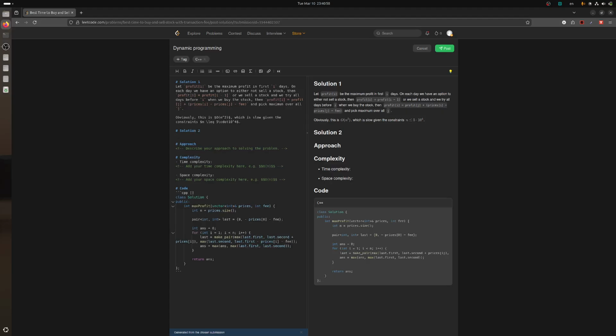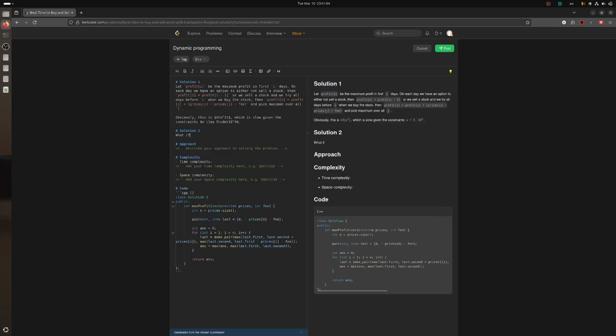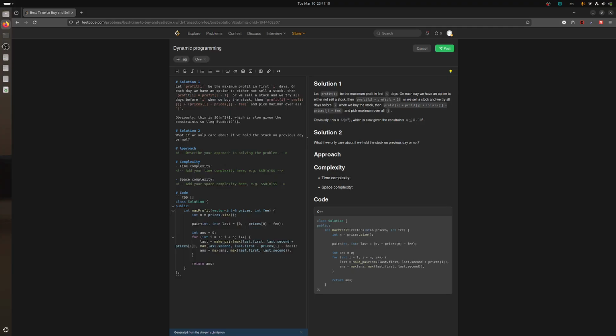Solution 2. What if we only care about if we hold the stock on previous day or not?